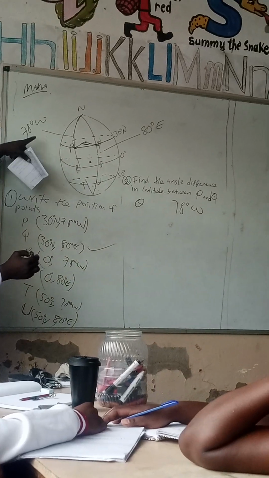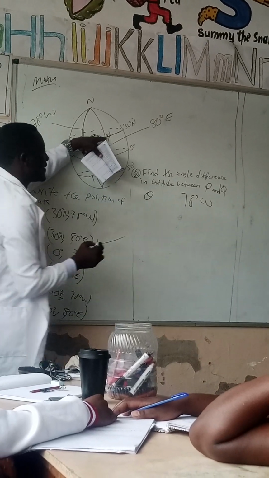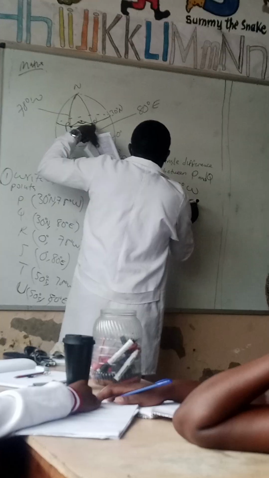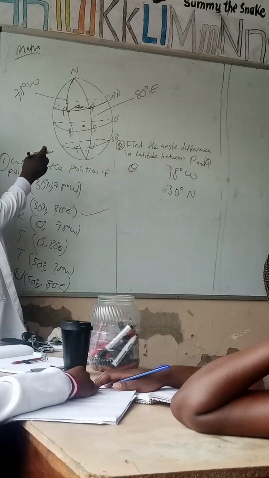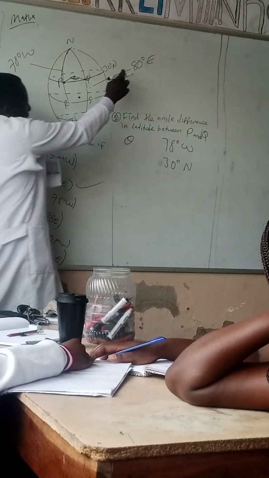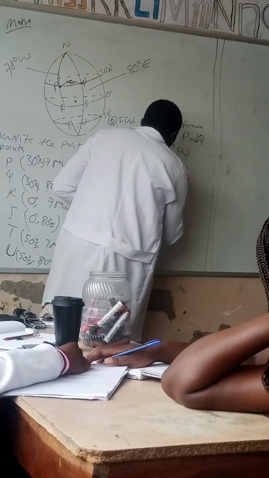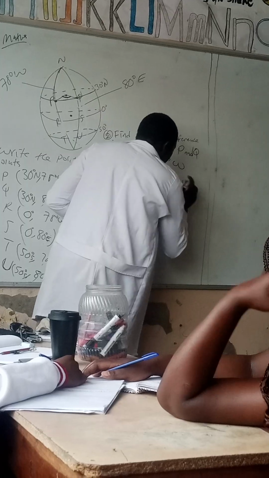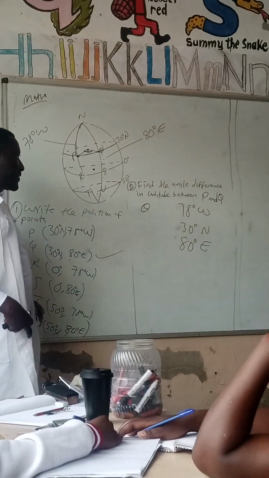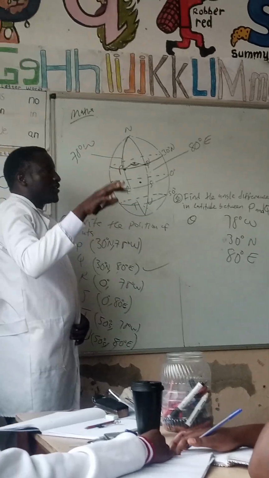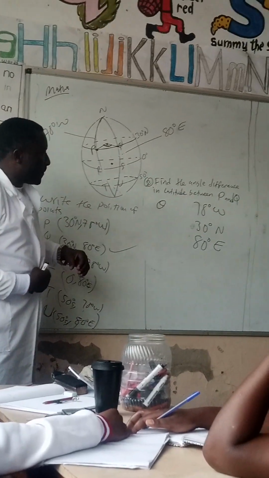Give me another one. 30 degrees north. As long as it's touching Q and P, we take it. Are you getting the idea? This method you won't fail to understand. Forget about getting latitude, longitude.